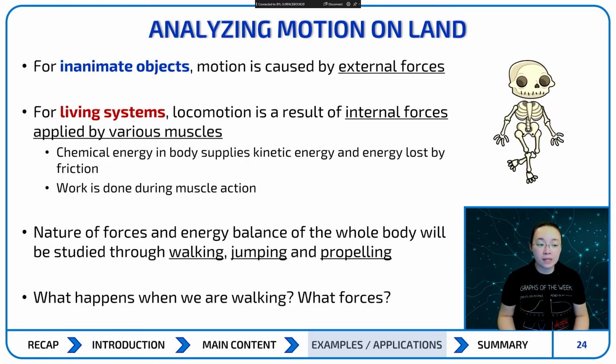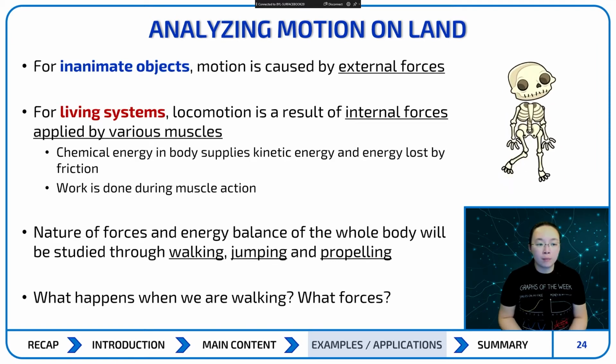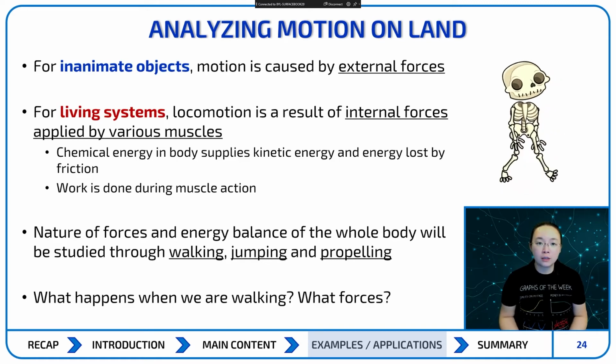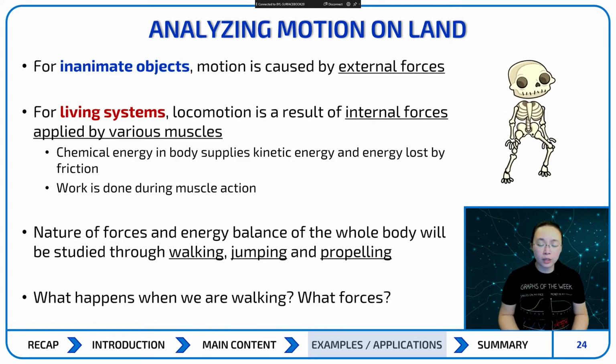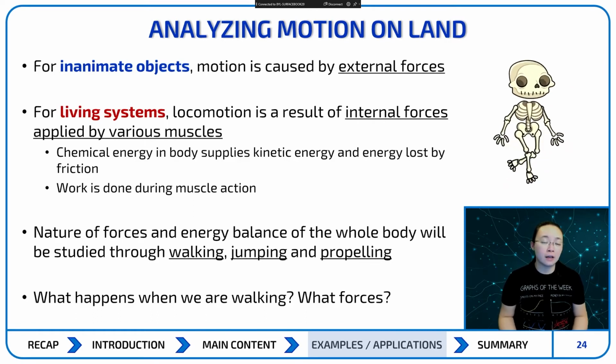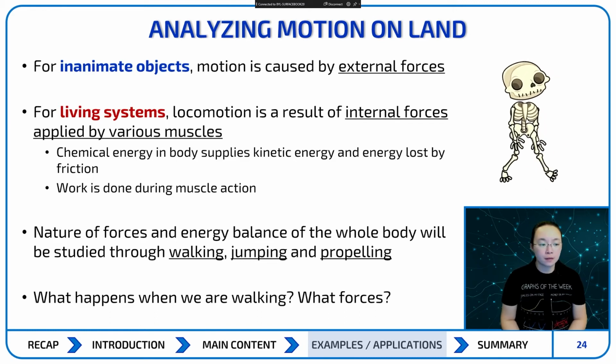So if you're ever asked what kind of internal forces will allow for locomotion for living systems, please do remember that the chemical energy in your body will supply kinetic energy, and then energy will be lost by friction. Work is also done during muscle action or contraction.